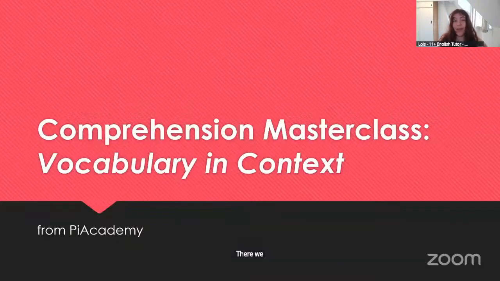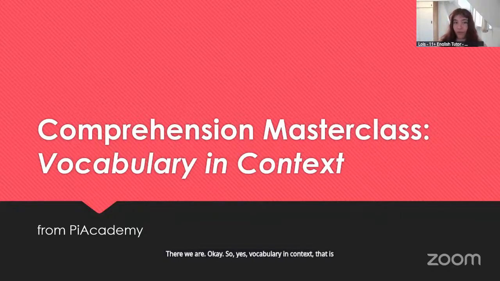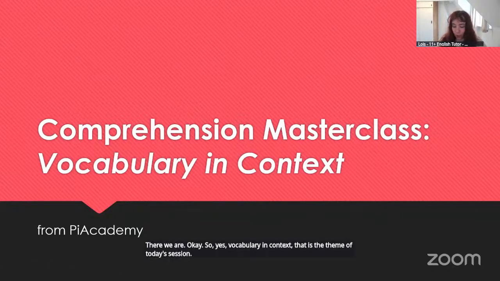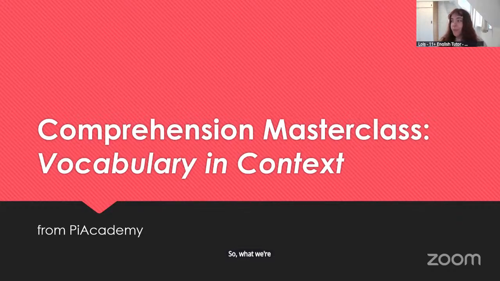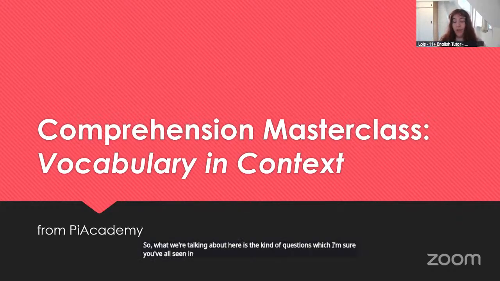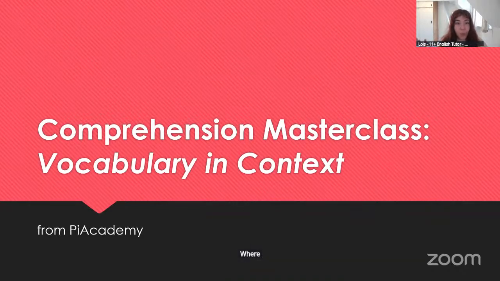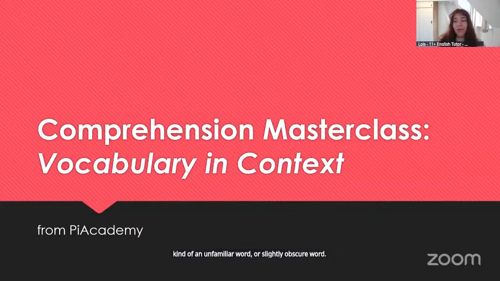There we are. Okay. So, yes, vocabulary in context, that is the theme of today's session. What we're talking about here is the kind of questions which I'm sure you've all seen in 11 plus English comprehension papers, where you're given a word from the text, and it's usually an unfamiliar, slightly obscure word, and one that students are generally less likely to know.